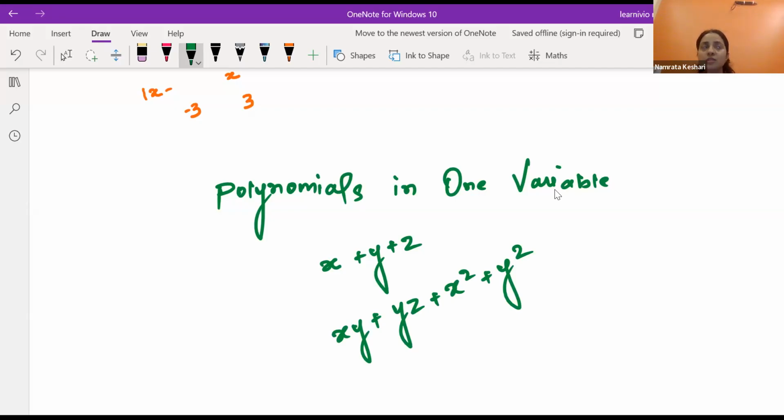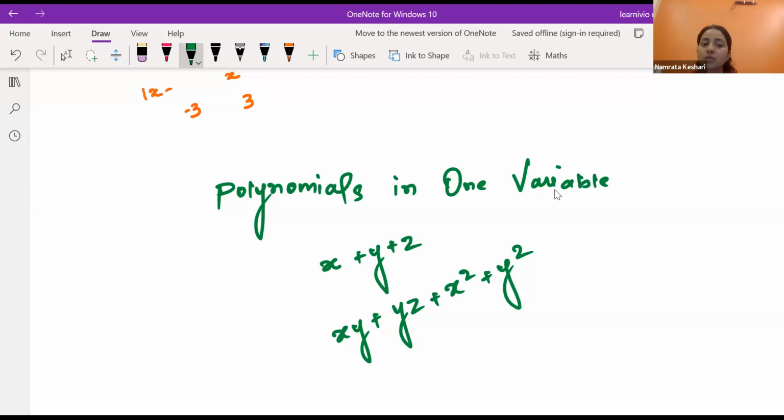Now polynomial means we will be checking whether these expressions are polynomials or not. Can we call these expressions a polynomial or not? So basically, polynomial means we are checking whether whatever algebraic expressions we have seen till now are polynomials or not.